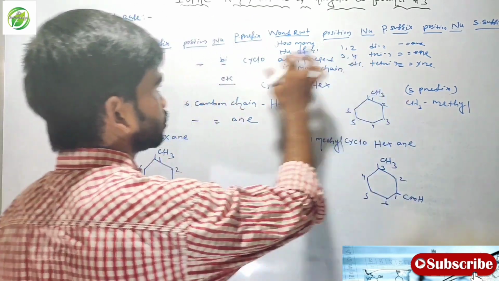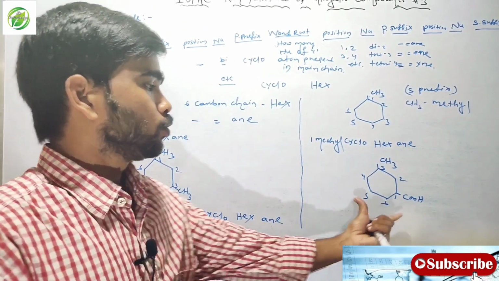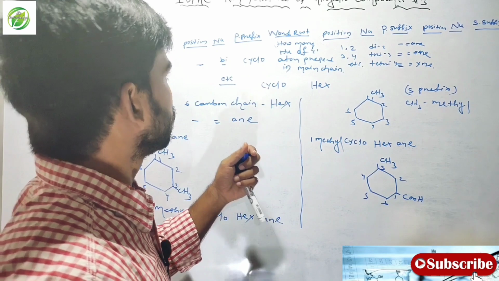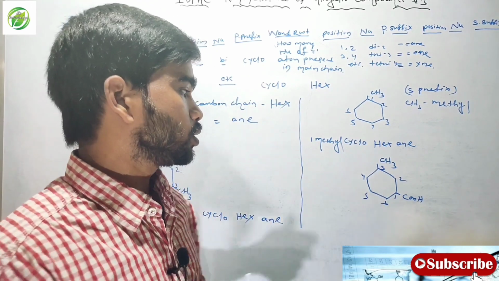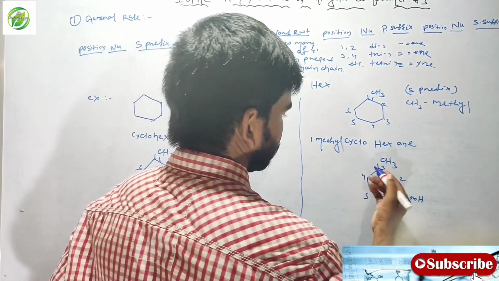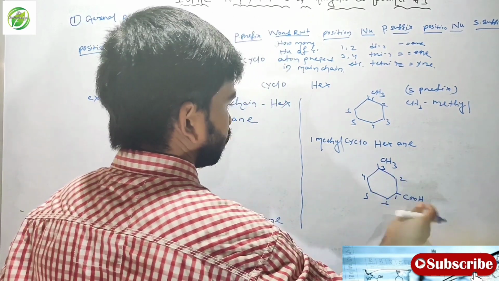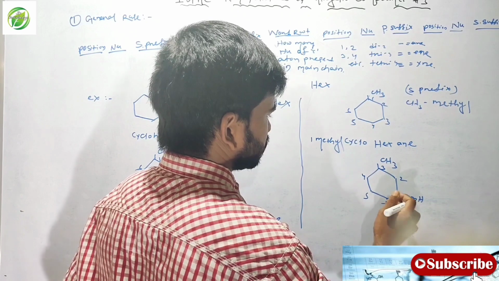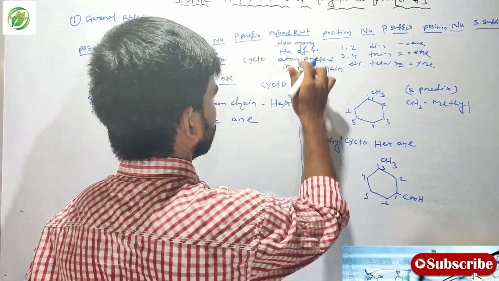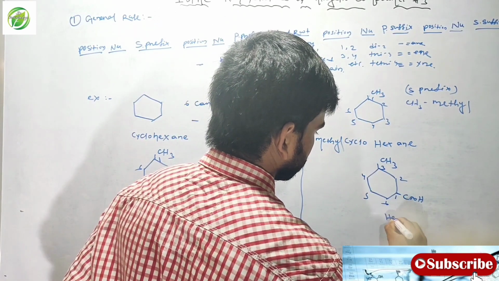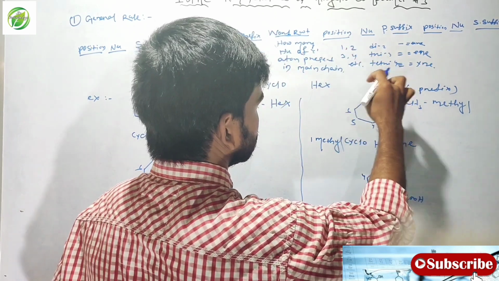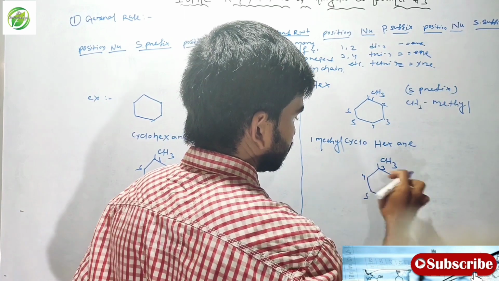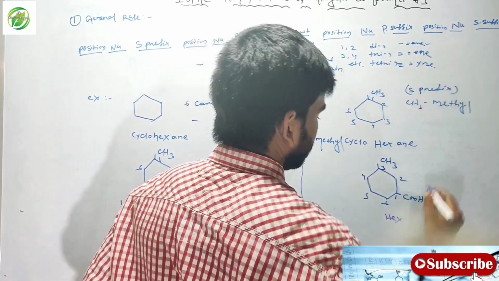Friends, we use these general rules and put all these terms in these rules, and we get the relevant answers. So for the carbon atoms present, that is 6 carbon atoms, so the word root is hex. Then friends, positions and number of primary suffix: all are single bonds, so use ane.